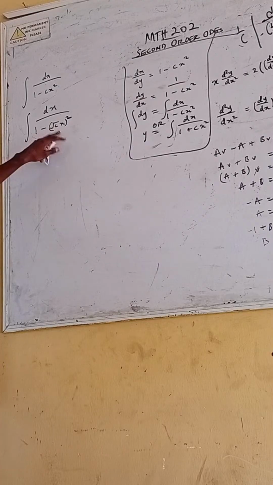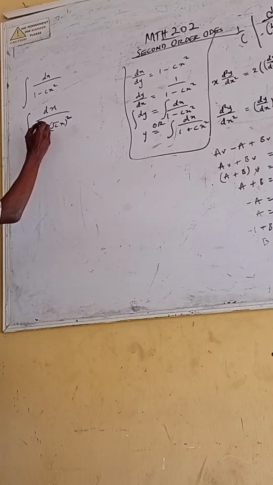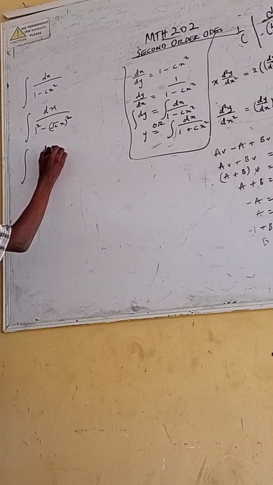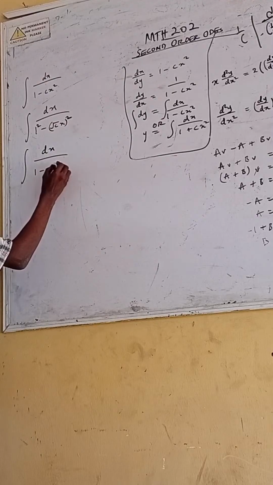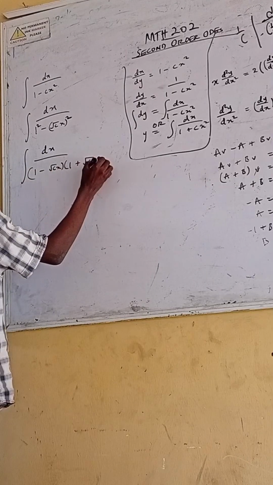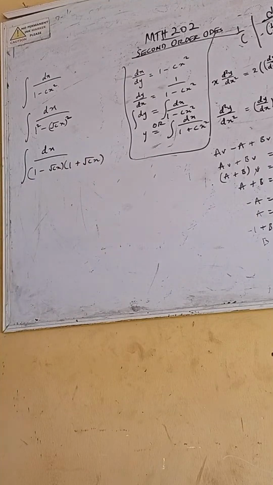This is 1, and 1 is always a perfect square. Difference of squares. So I now have the integral of dx over 1 minus root c x times 1 plus root c x. Partial fractions. Thank you.